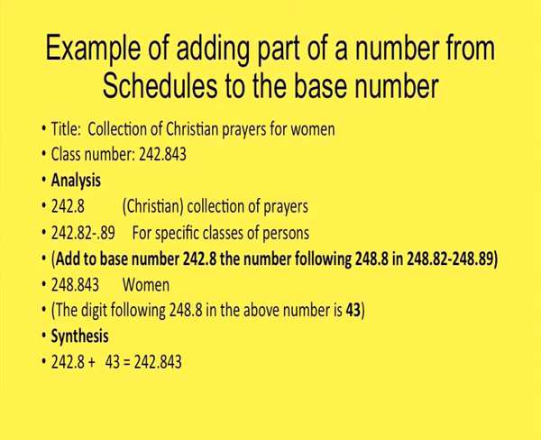This is the complete class number for the above title. So, these were some examples where we have shown how a part of a number from the schedule is added to a base number, that is the basic subject number of the title of a complex subject, and we synthesize the complete class number of the subject.